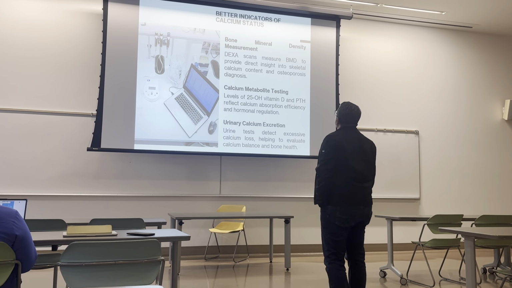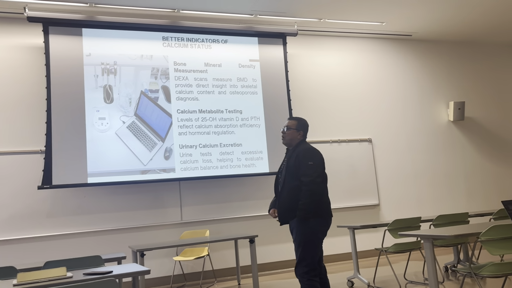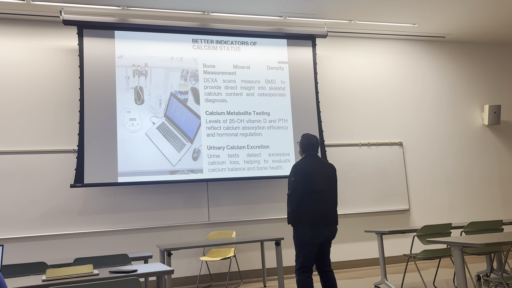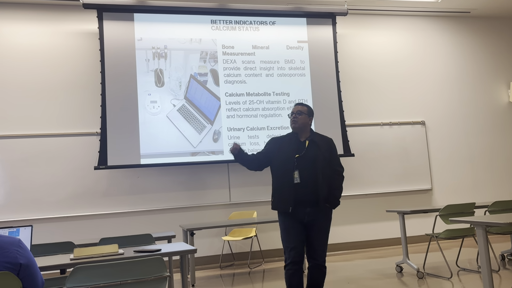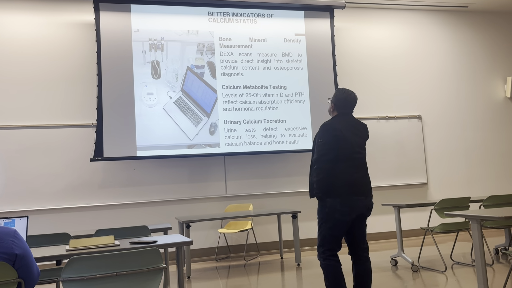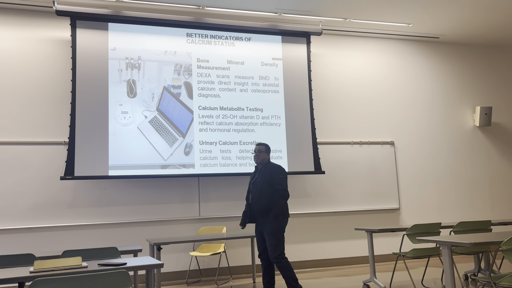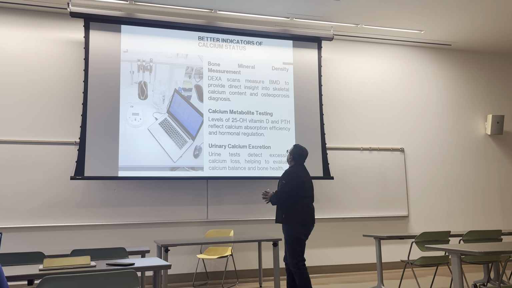So what we need to do is bone mineralization testing, DEXA. It will give the T-score, so it will give me a good picture. If it gives a T-score less than minus 2.5, then he or she has osteoporosis. This is a good indication.